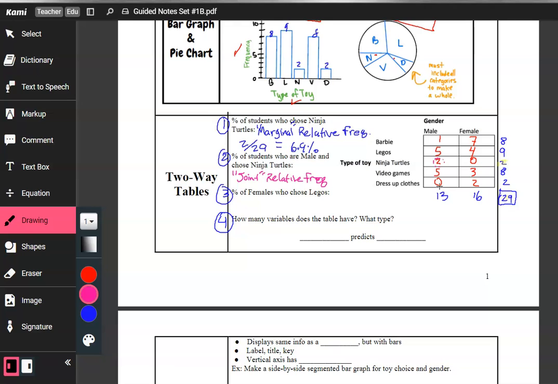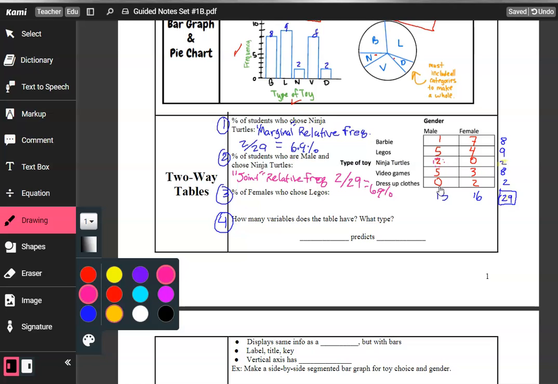So I'm using this number 2 divided by the total of students. So this, once again, is 6.9%. However, we got this answer differently from the first one. Number 1 was looking at the margin on the outside, and number 2 was looking at the inside numbers, with this 2.